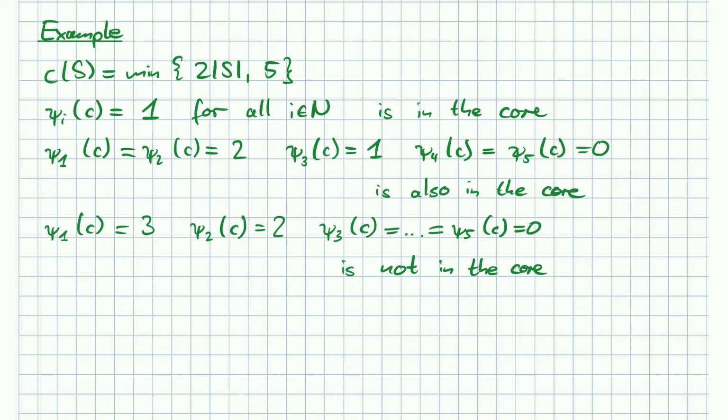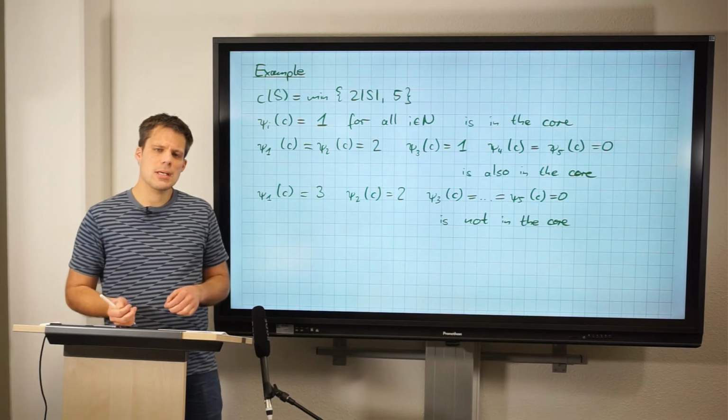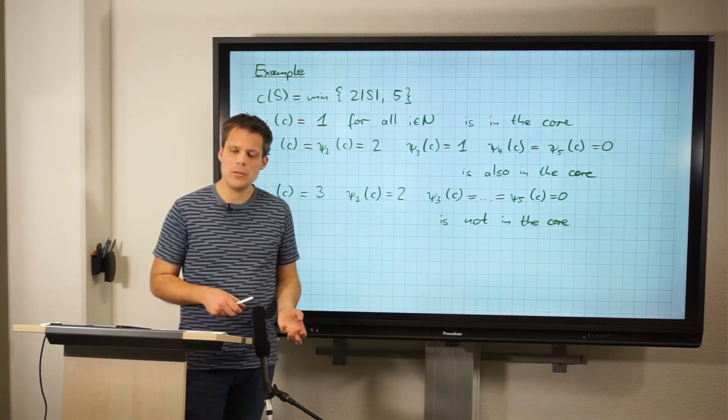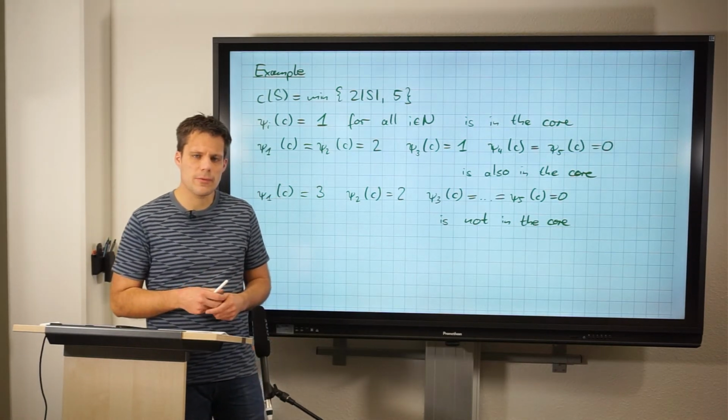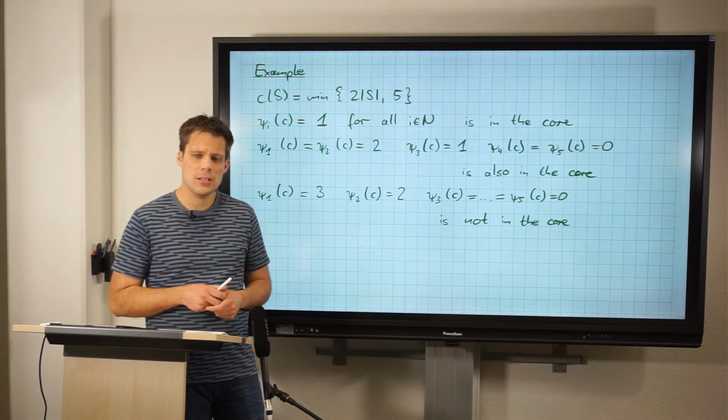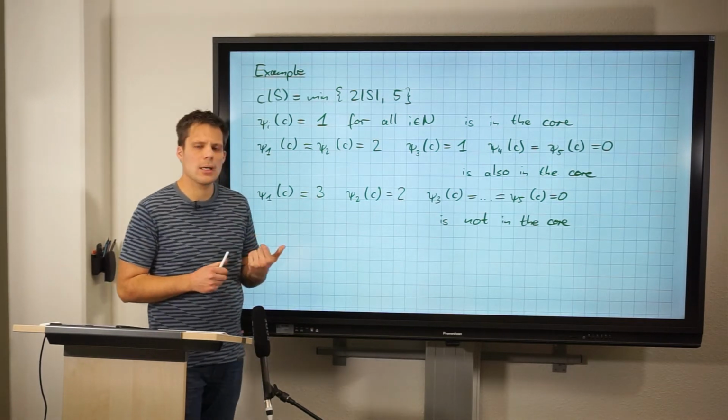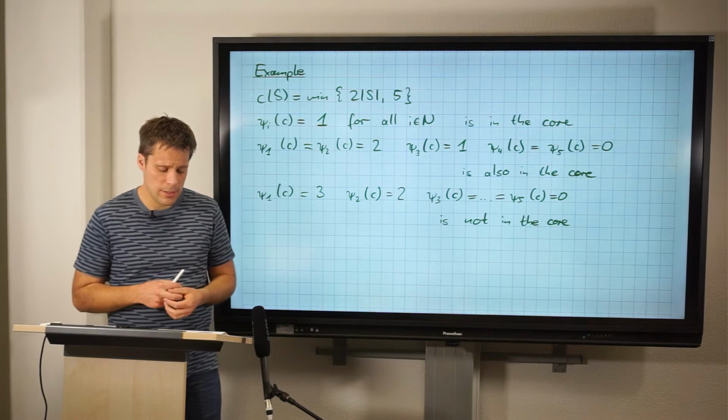Because the first agent might decide to just buy a train ticket only for themselves. And then this agent will pay only €2 because that was the price for a single train ticket. But here we are saying, okay, you'll have to pay 3.